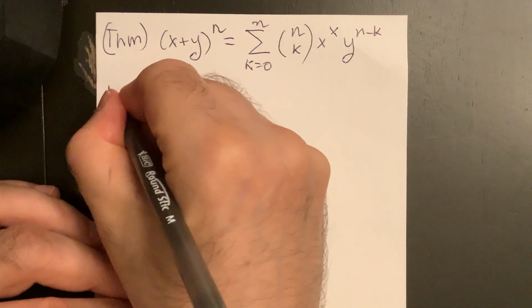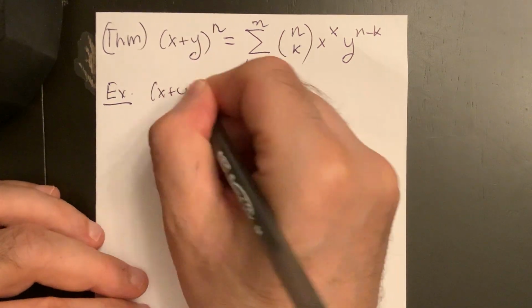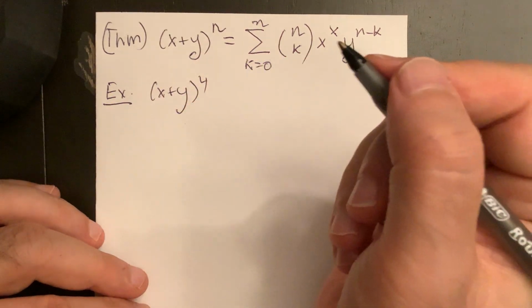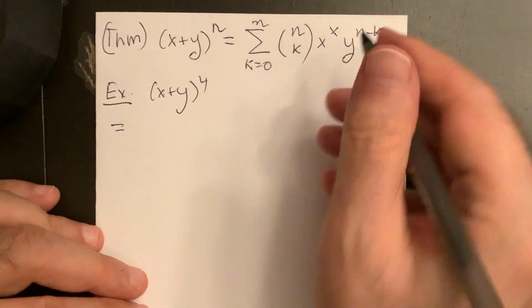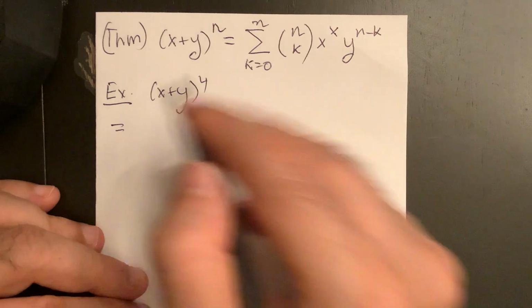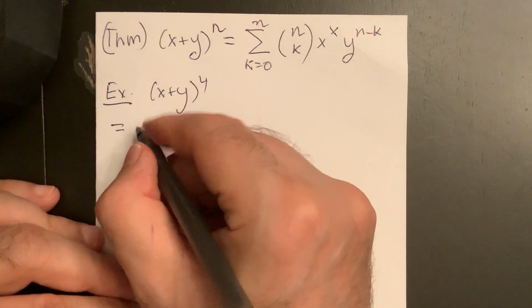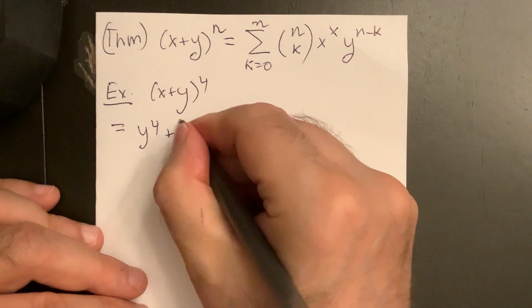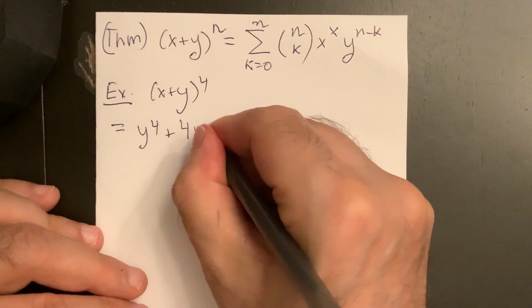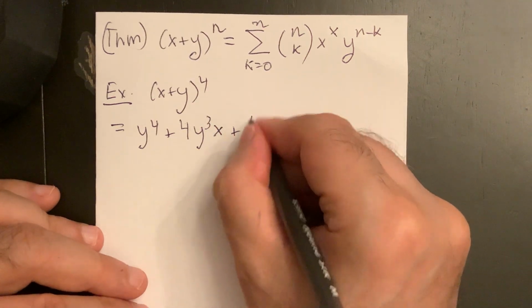Now, maybe we should see this. So for example, let's say we have x plus y to the 4th power. Then this is equal to 4 choose 0. So I would have the y first, right? So I have 4 choose 0, that's 1. So I have y to the 4th plus 4 choose 1, that's 4. I have y cubed x plus 4 choose 2, that's 6.